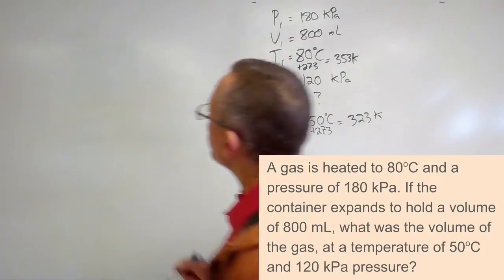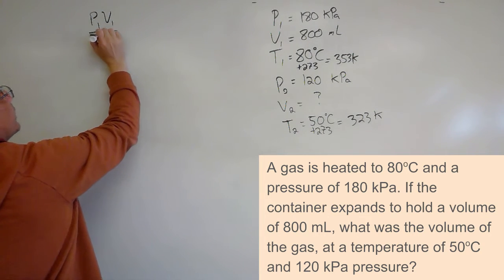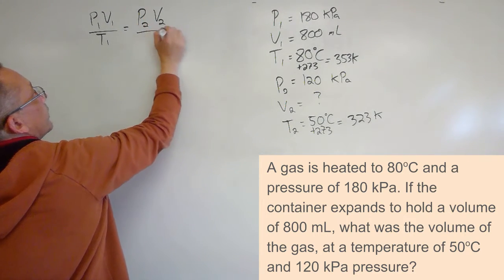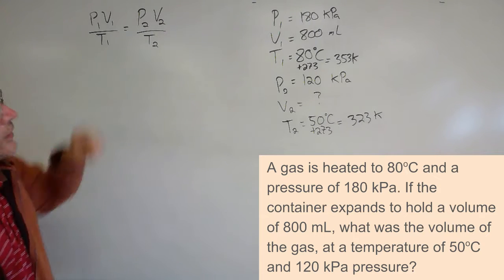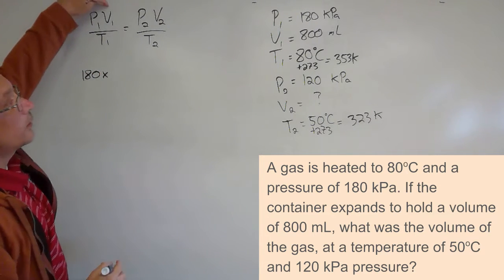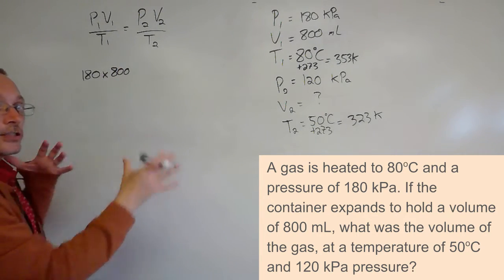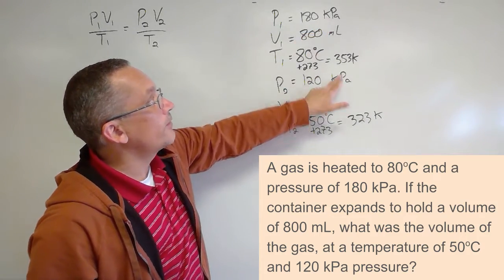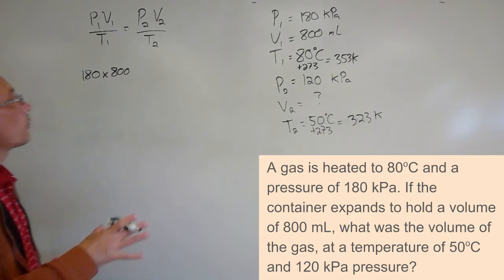Now let's take all those numbers and put them into the Combined Gas Law. P1 V1 over T1 equals P2 V2 over T2. Pressure 1 was 180 times V1, which was 800. Keep in mind, pressure and volume can be in any units. It's just that the 2 pressures need to have the same units and the 2 volumes need to have the same units.